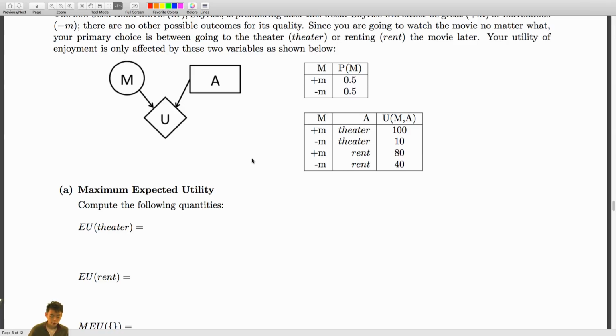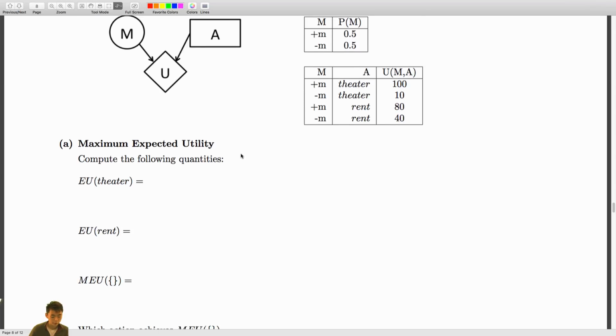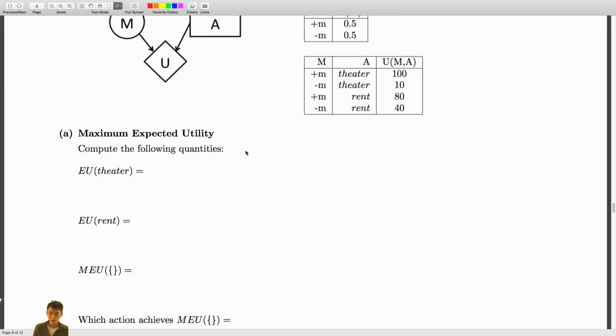Okay, so for part A, it asks us to compute several quantities. The first one is the expected utility of seeing it in the theater. So the way we do it, of course, is just weighting each possible scenario by the probability that it happens. So this would be the probability that the movie is good times the utility of the movie being good and seeing it in theaters, plus the probability the movie is bad times the utility that the movie is bad and we see it in theaters.